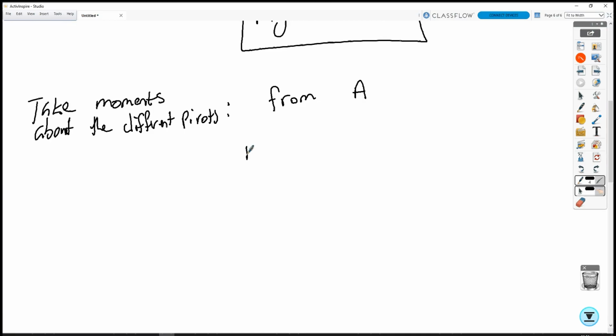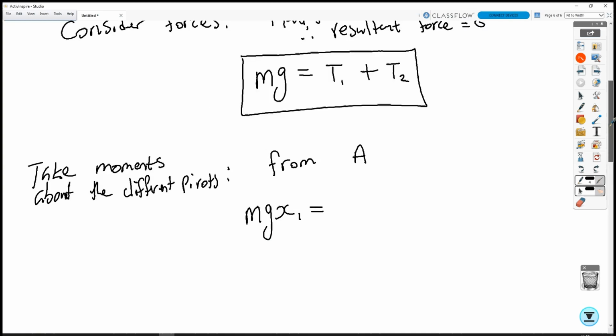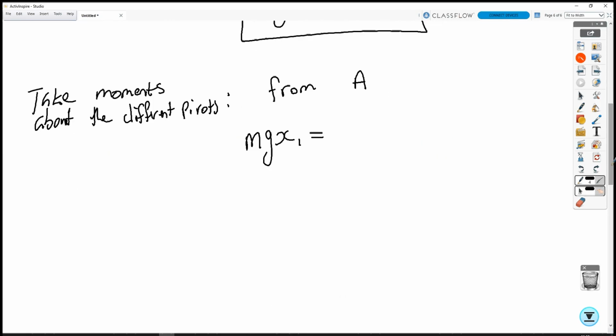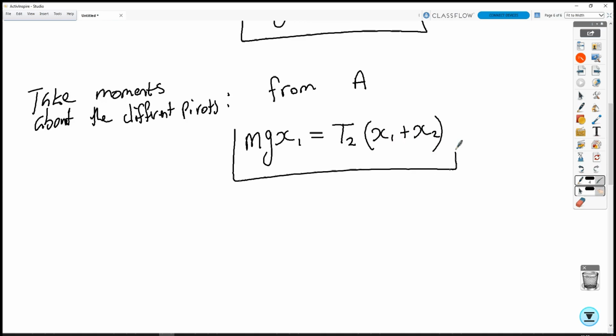So from A, we've got mg x1 is equal to the anti-clockwise moment caused by T2, and T2 was at a distance of x1 plus x2 from A. If we go back up, it's x1 plus x2 from point A to get to T2. So mg x1 is equal to T2 brackets x1 plus x2. And we know from our diagram that's equal to 6. Again, we can put our numbers in at the end.